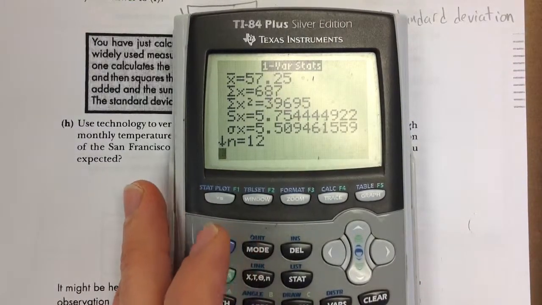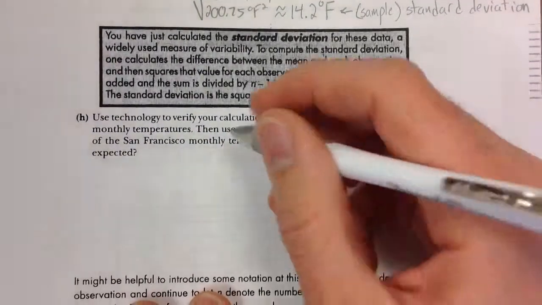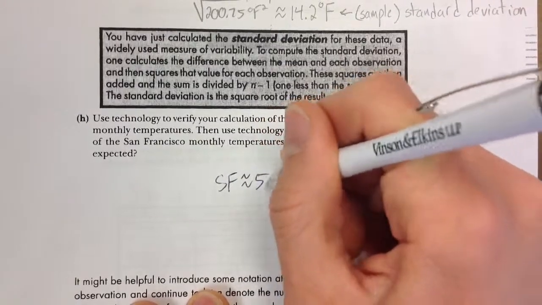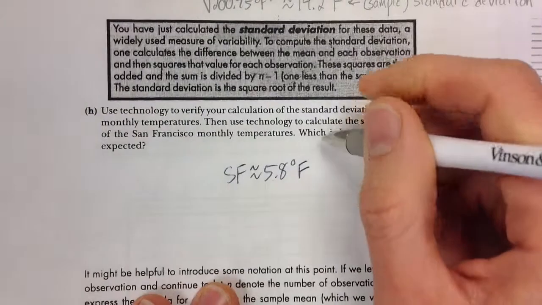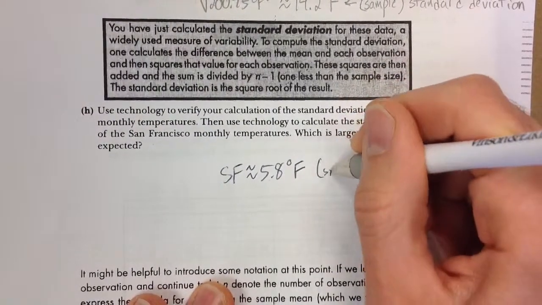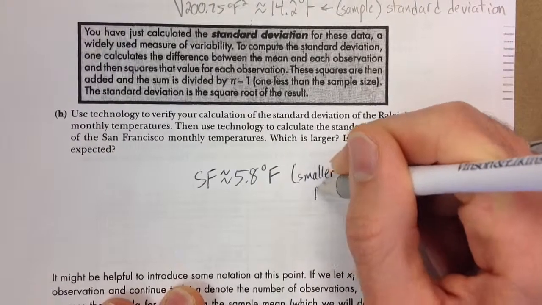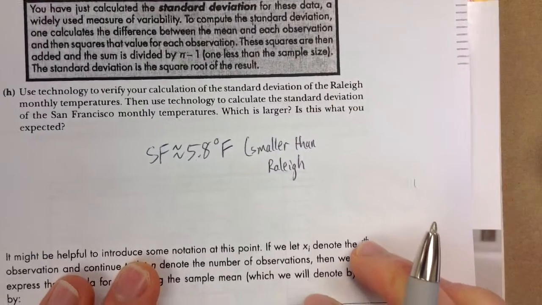There you go. Good. This is what we expect, because San Francisco has a lot less variability in its monthly average temps than Raleigh.